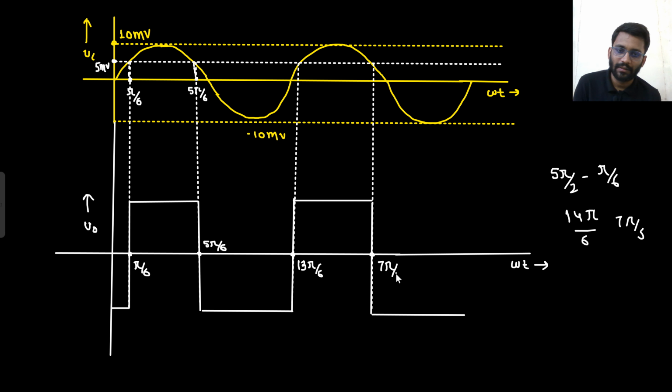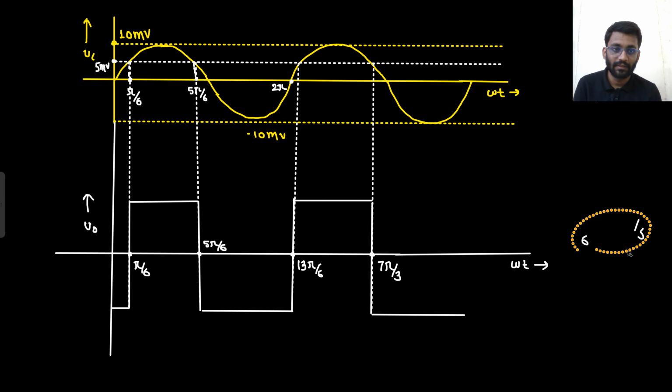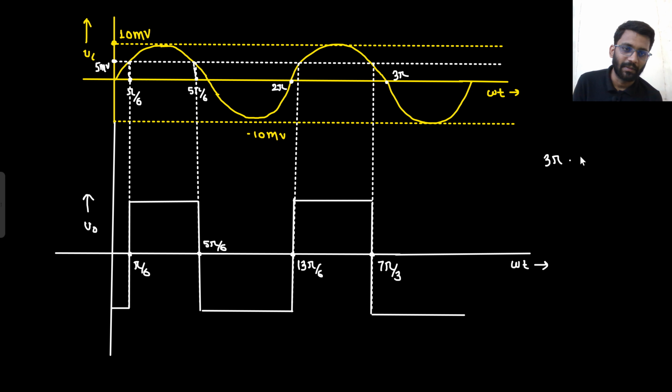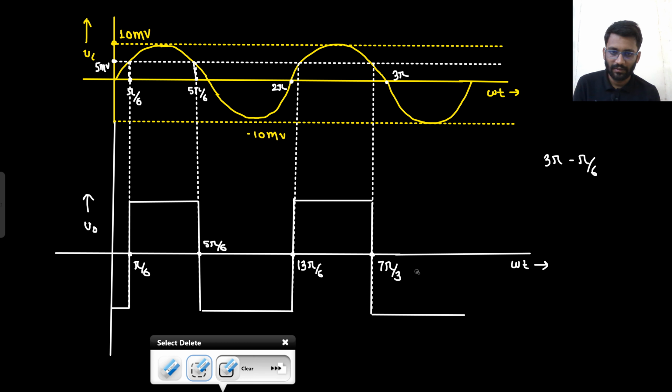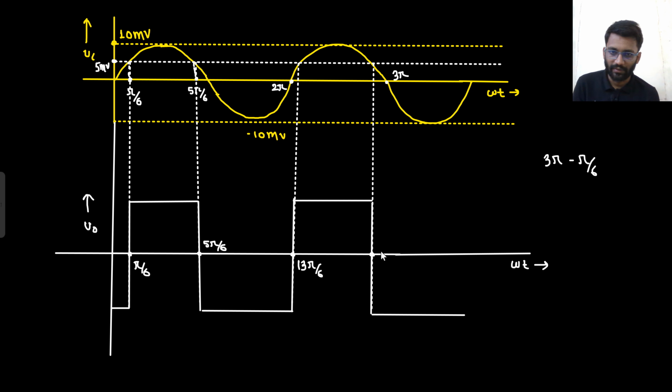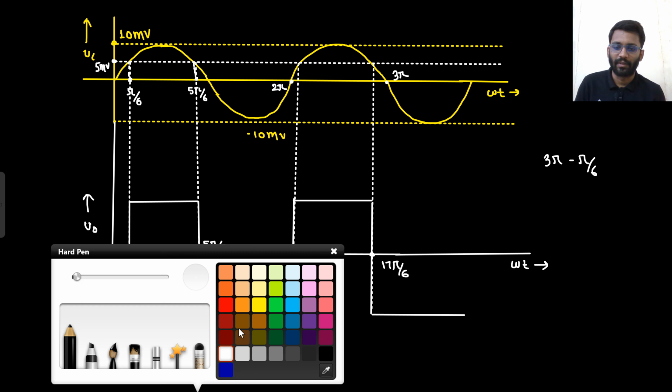Because this is your 2 pi, and this is your pi, so this point will be 3 pi minus pi by 6, because this point will be 3 pi. 3 pi minus pi by 6 would be 17 pi by 6. And the waveform will go on.